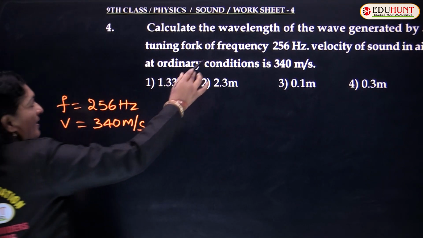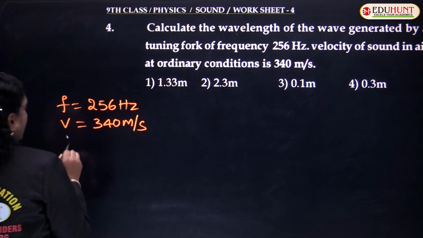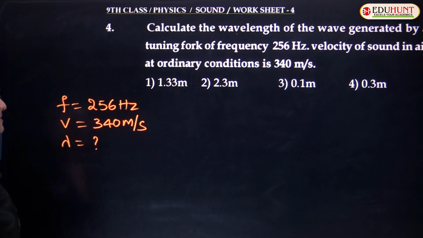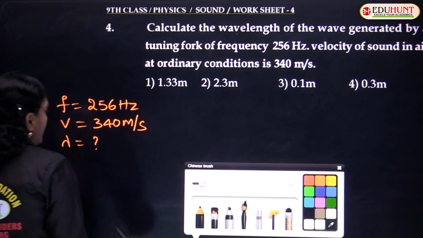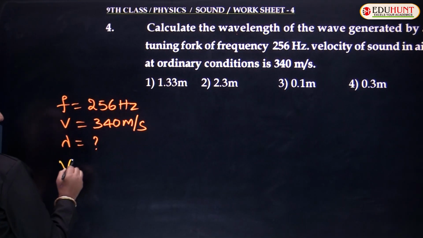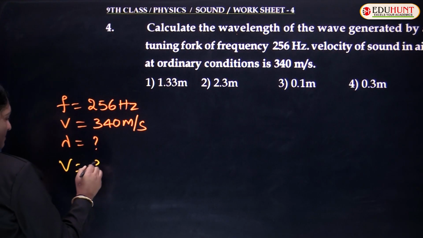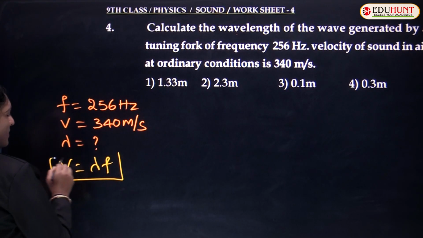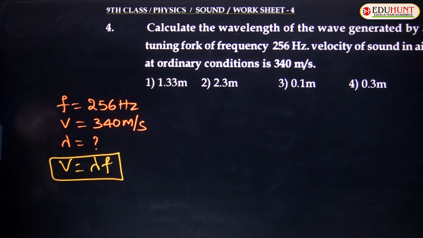But you're asked to find out wavelength. Wavelength means lambda, so this you have to find out. So let us recall back the formula, children. The relation between v, f and lambda is v equals lambda f.